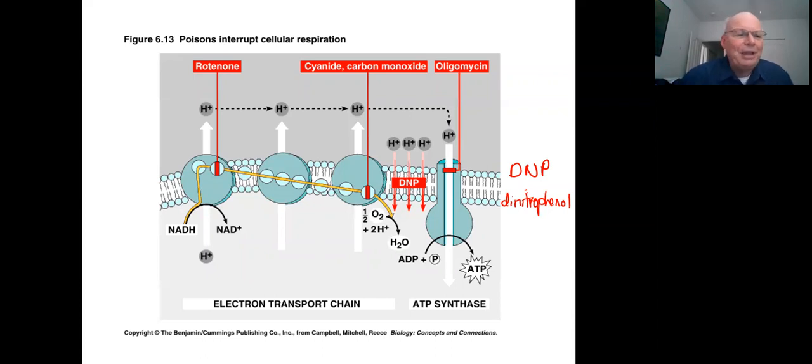And because that is a path of least resistance, they preferentially will flow through the DNP rather than flow through the ATP synthase. Like most things in life, people included, myself included, if there's a hard way and an easy way, our general tendency is to try and find the easy way, right? Path of least resistance.